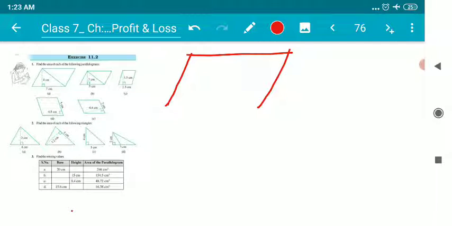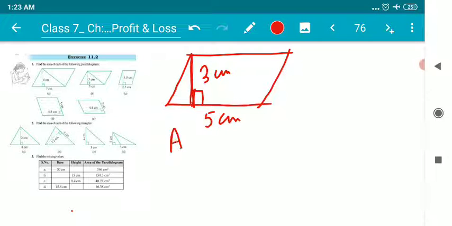Apart from it, another parallelogram is given. The base is 5 centimeter and height is 3 centimeter, which forms 90 degree. Children, you might be thinking, sir, how to solve it? Again, very simple.